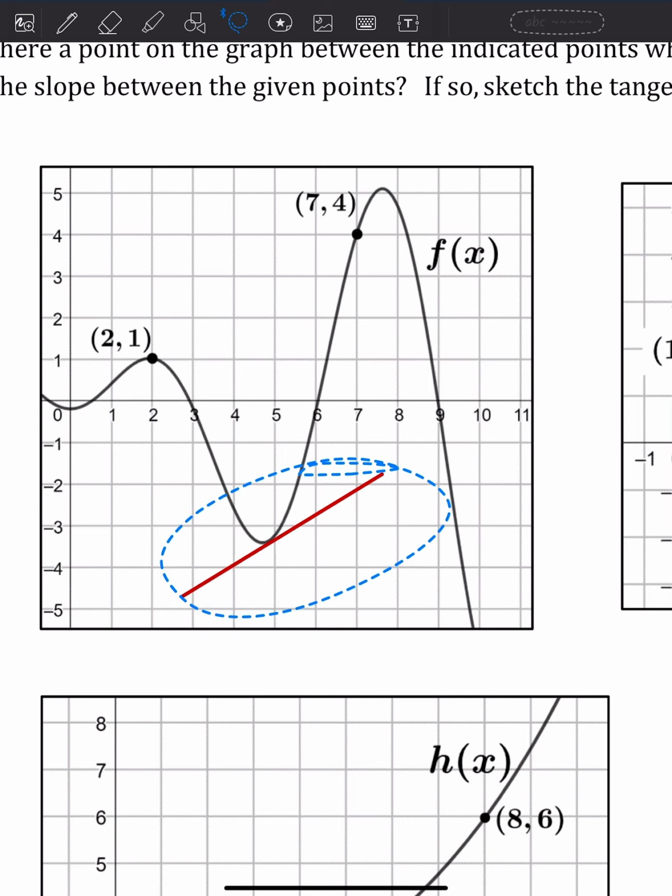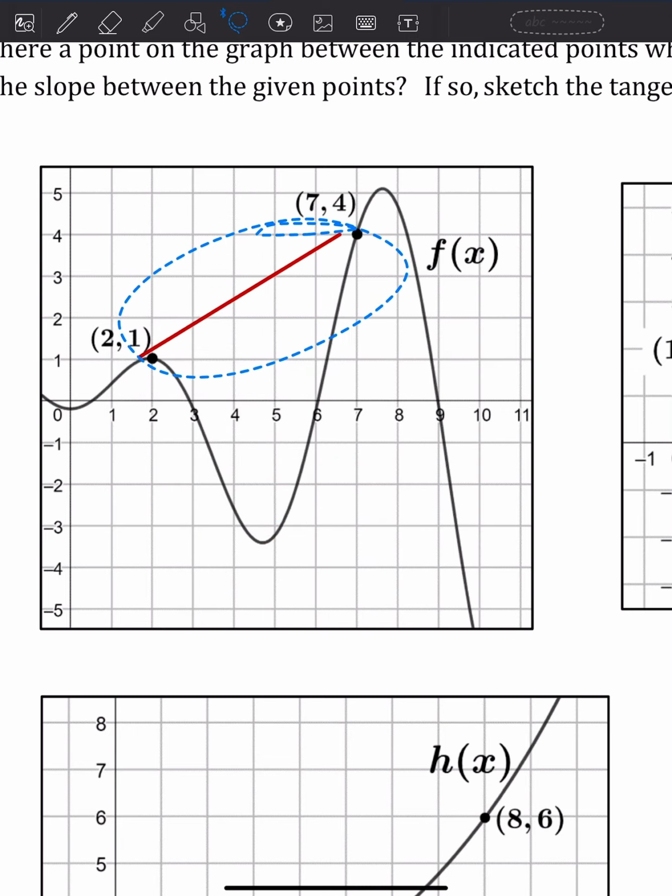If I go down here, right when it's starting to go back to being an increasing function, we can see that this matches what could be our slope. So if I have this slope here, we're going to copy this.